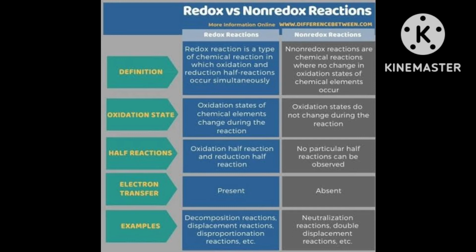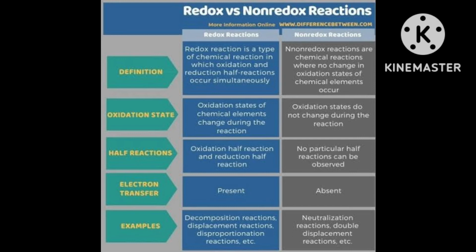In general we can write X plus YZ. X is one element, one atom, and YZ is a compound, with Y together with Z. Now Y is going to be replaced.